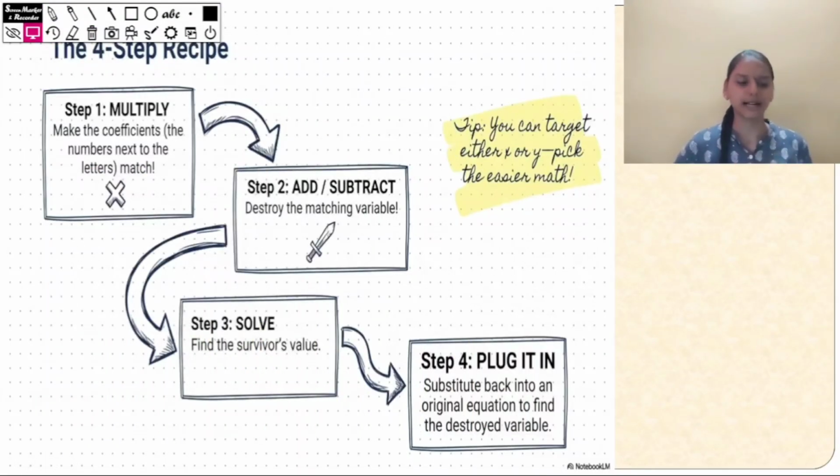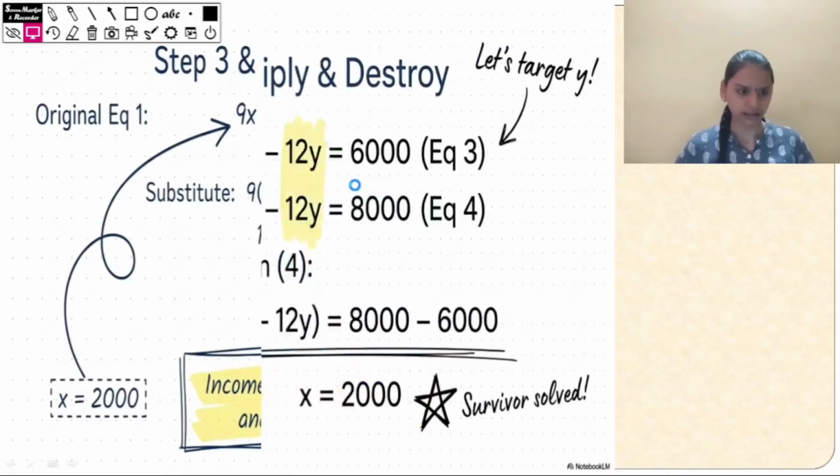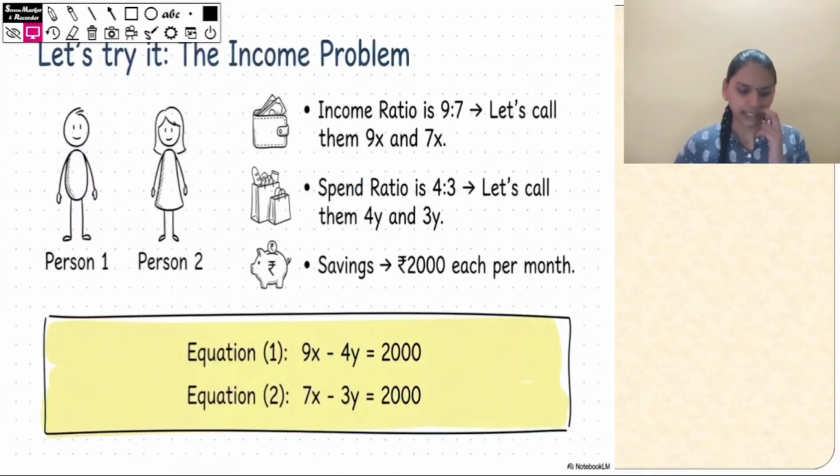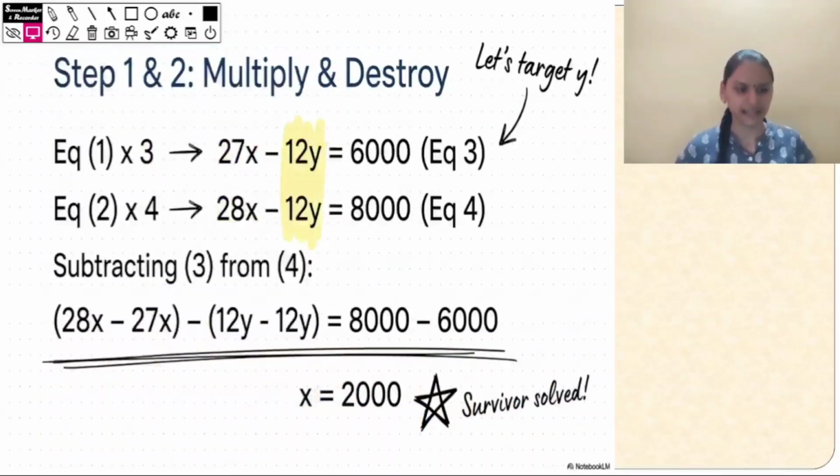First is multiply. Here if you see, we are going to first multiply, and after multiplying, you should add or subtract and then solve. Correct? Yes. Now I'm going to multiply. What am I going to multiply?